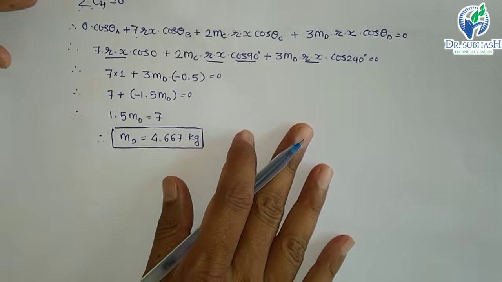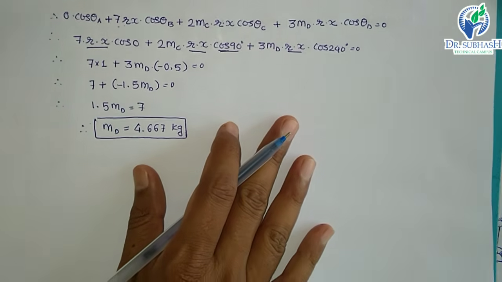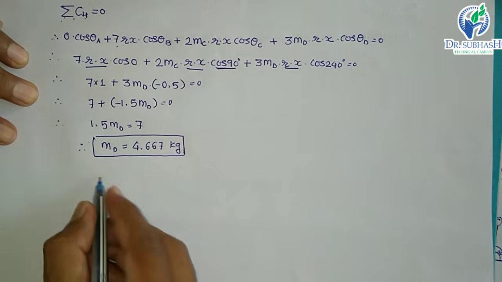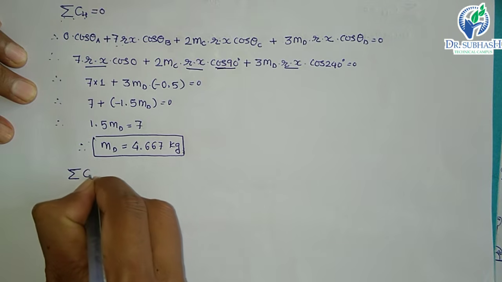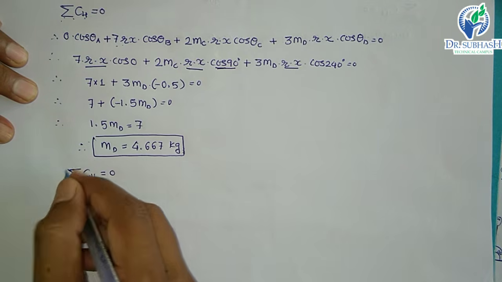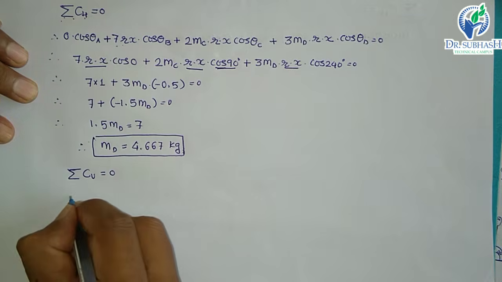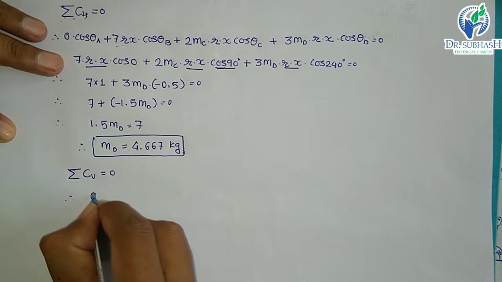Now in the same way, if we resolve the vertical component of the couple, we can rewrite sigma CV is equal to 0. Again, the first value is 0, so it is not required.